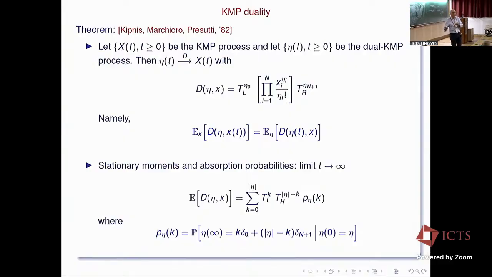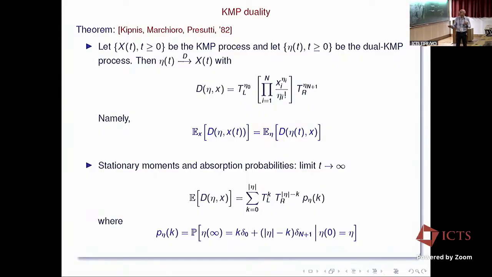This is the dual process, and therefore you get this equality for expectations. On the left, you have an equality for the original process x started from the configuration little x, which you can study by considering the dual process eta started from a fixed configuration eta.